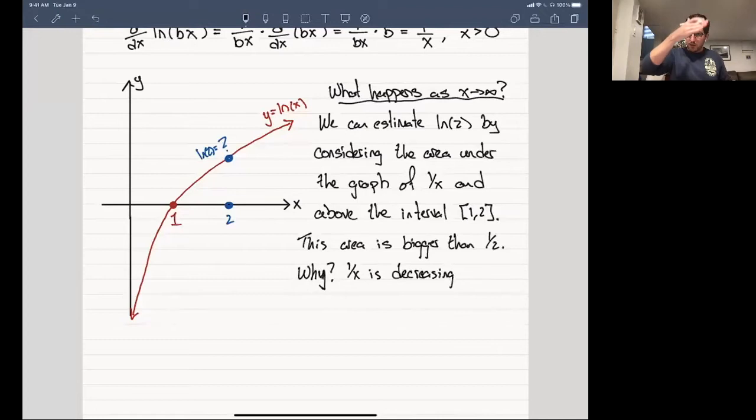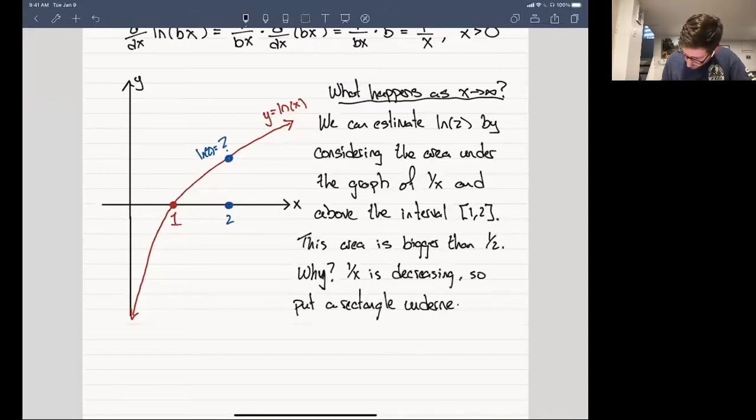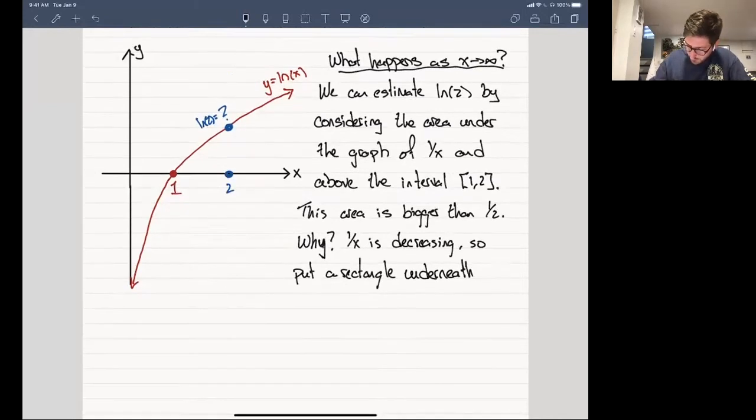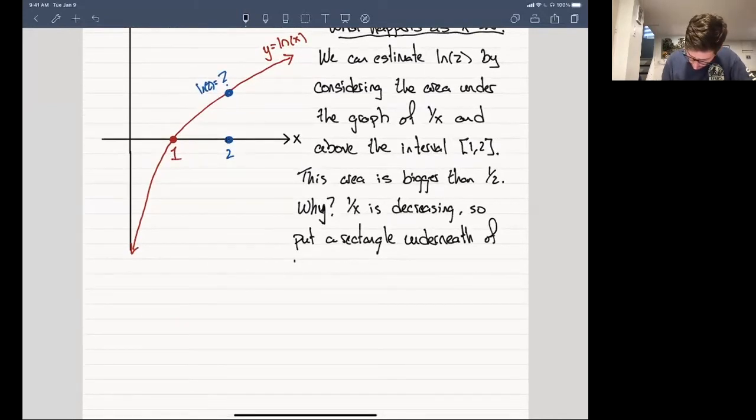We agree with that. If we think of the function, it has this nice downward slope to it. So the height of the rectangle. If we put a rectangle underneath this, of height 1/2 and base 1, it lies under the curve.